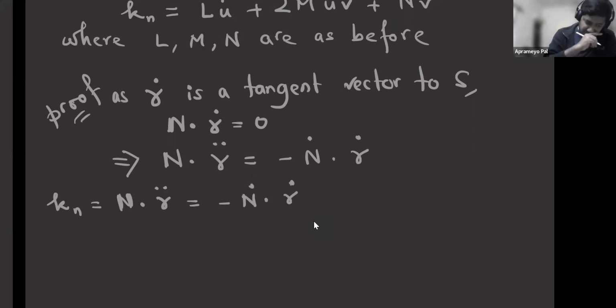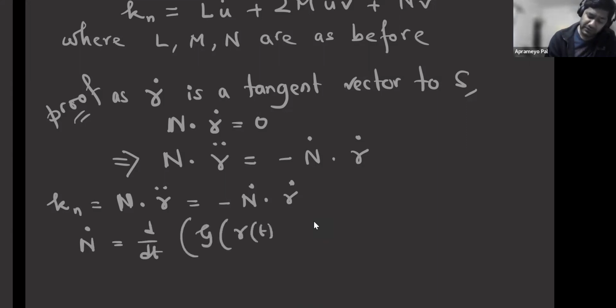And now let me do one thing. What is n dot? n dot is nothing but d/dt of the Gauss map of gamma(t). And this is nothing but, by definition, the Weingarten map W of gamma dot.